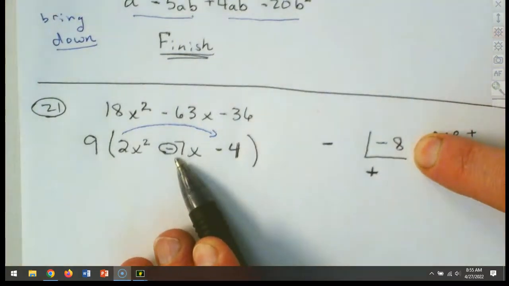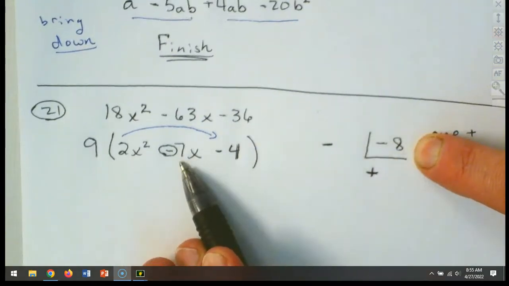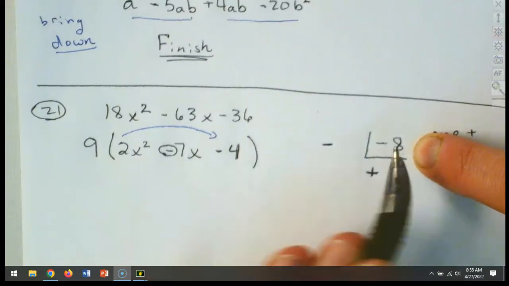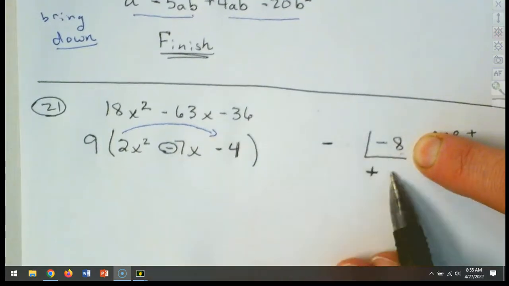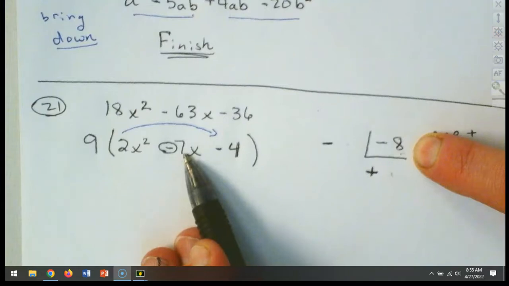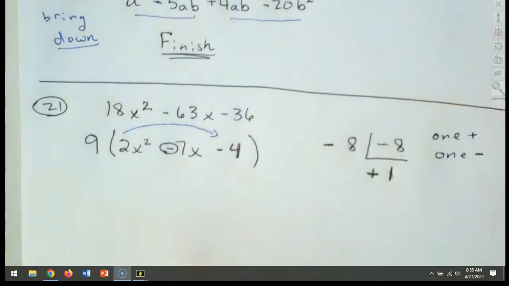How close are they? They're a difference of 1. Okay, well, what about 8 and 1? Well, 8 times 1 is 8, which is what we need there. And a minus 8 and a plus 1, that gives you a what? Negative 7. So that's what we need. So we need a negative 8 and a positive 1.